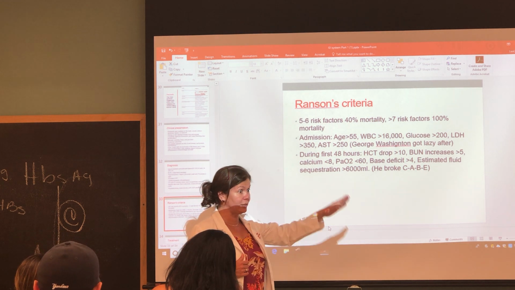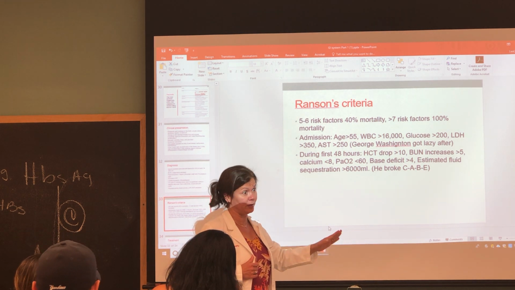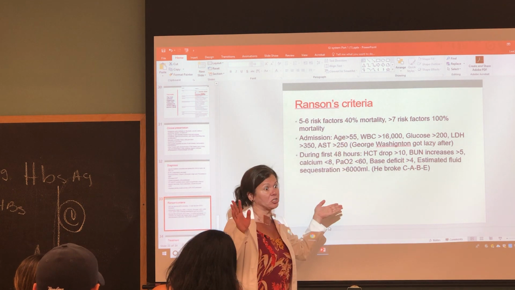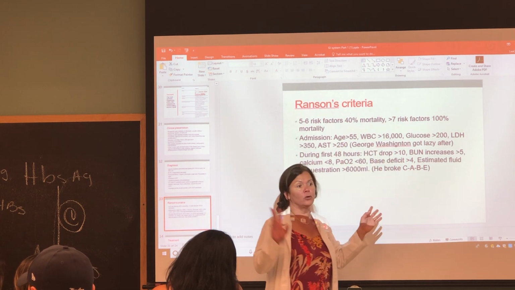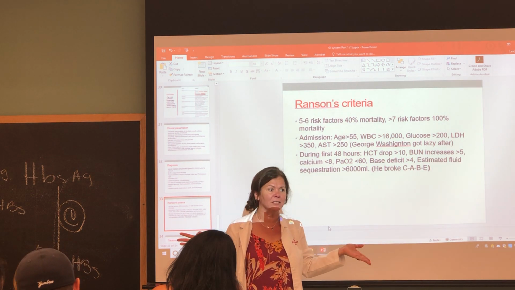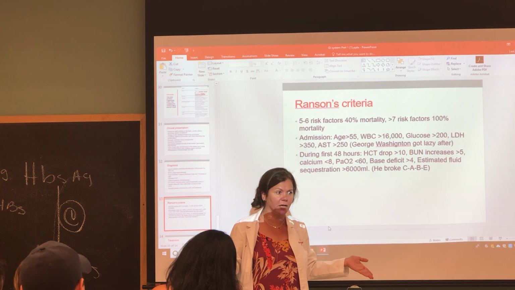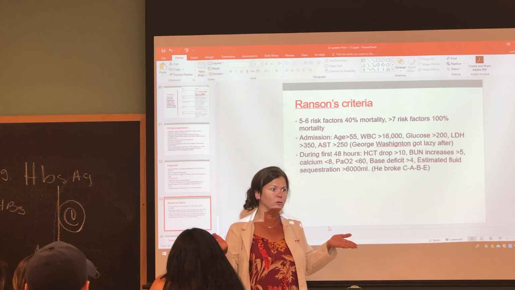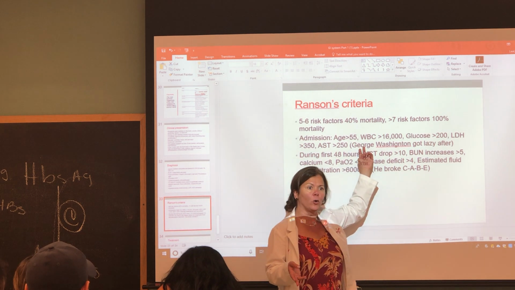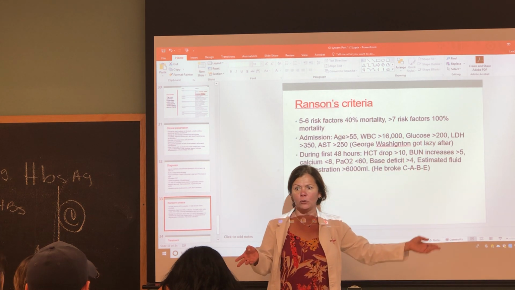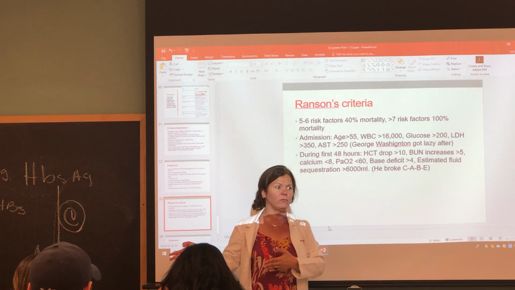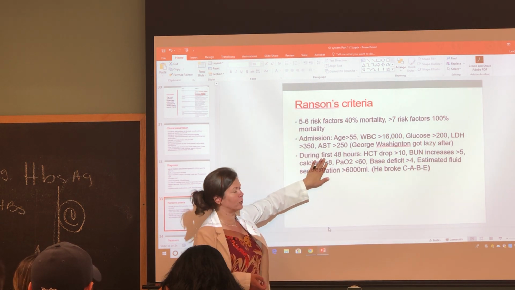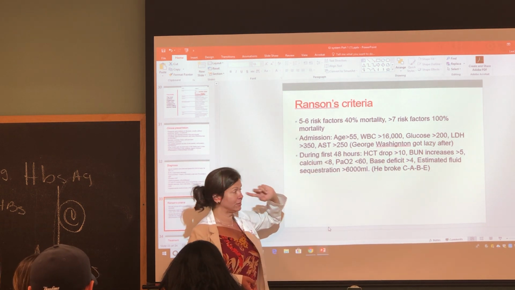The higher the points, the higher the mortality. For example, if you have only pH and WBC, those two are not as relevant as if you already have LDH elevated and AST elevated. So you have to use your judgment. Only 2 points is not going to be significant for you to go to the ICU, versus if you have them all, okay? Now, 48 hours later, think about this.